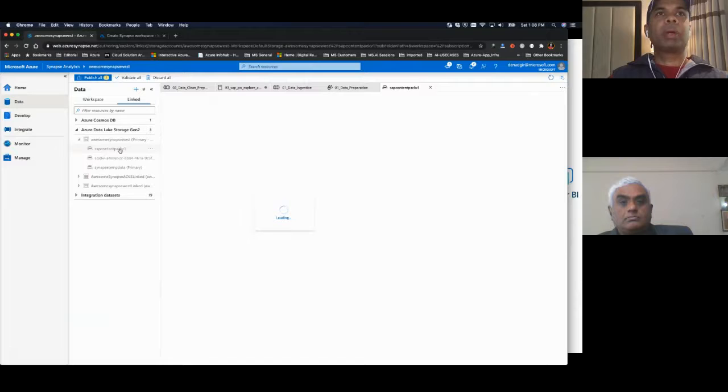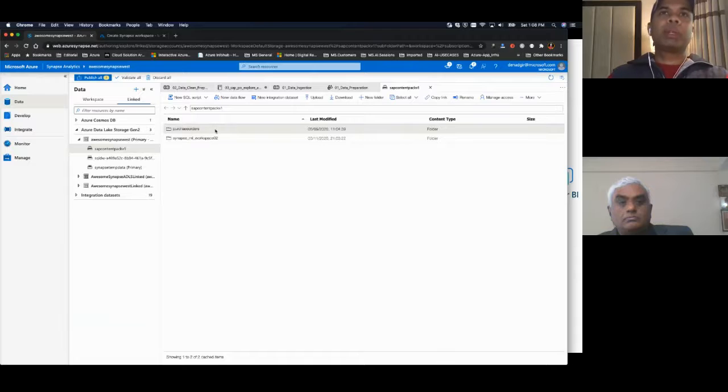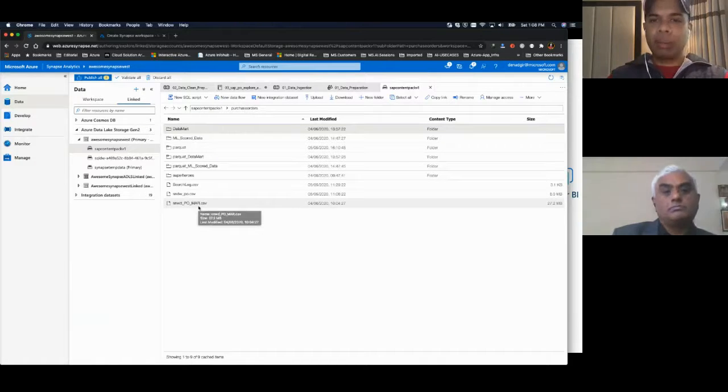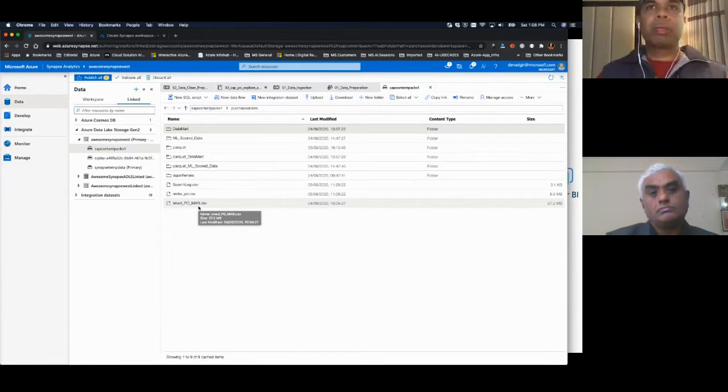As I browse through this set of files, you can see my purchase orders are simply a bunch of files in, let's say, CSV format, right? So this is where one of the questions comes in: is there a structured part to all of this?